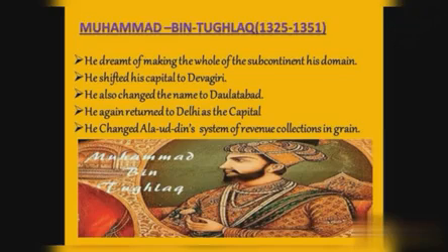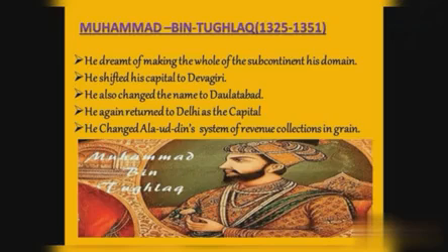With a view to facilitating control, he shifted his capital from Delhi to the center of the kingdom, namely Devagiri. He also changed its name to Daulatabad. When Muhammad himself decided that the move was a mistake, he ordered a return to Delhi as the capital again.